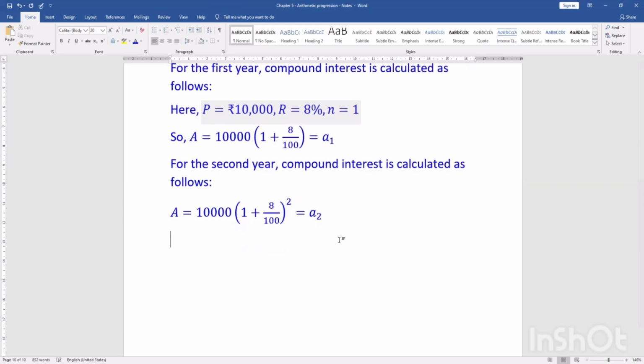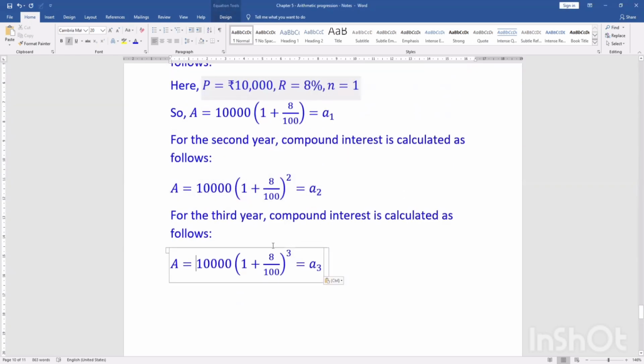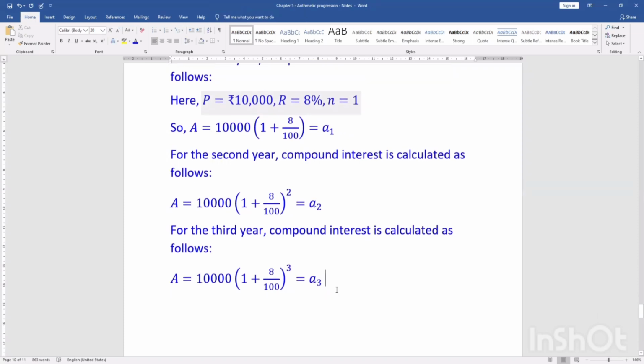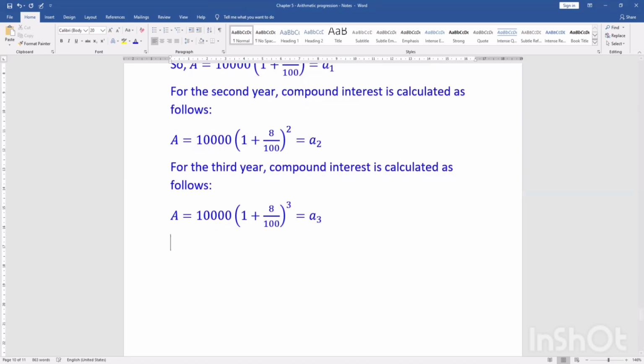And then for the third year, compound interest is calculated as follows. A equals 10,000 into 1 plus 8 by 100, and here instead of N, we put 3. So that will be A3. So now we have A1, A2, and A3.